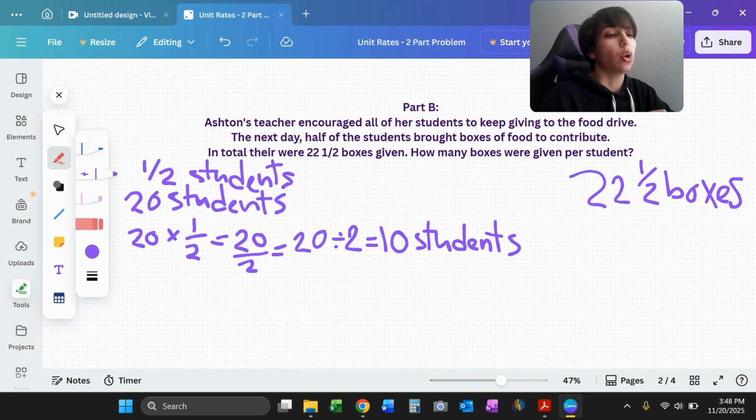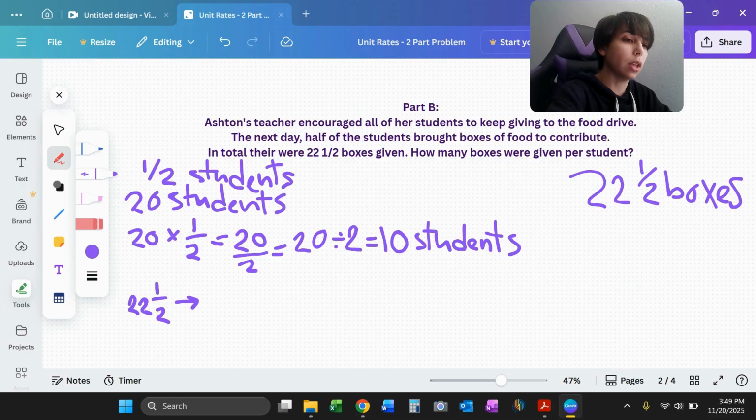Now, we could do 22 and a half boxes, but that's going to get a bit complicated. In this mixed fraction form, this is a little more complicated. So we need to turn it into an improper fraction, which is where there is a larger number on the top, the numerator, and a small number in the denominator, okay?